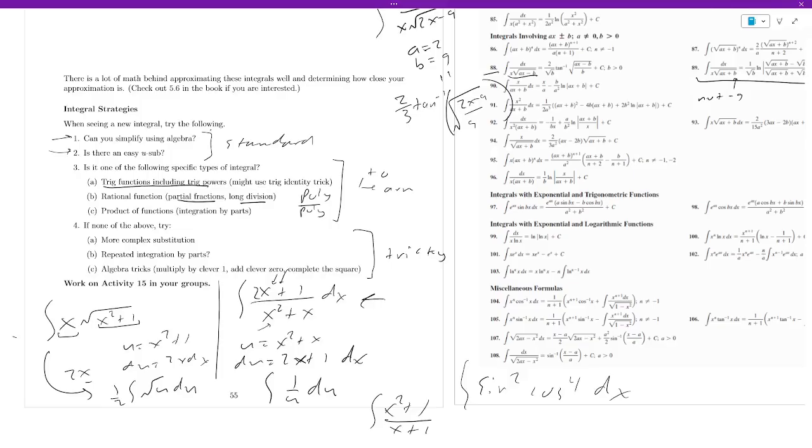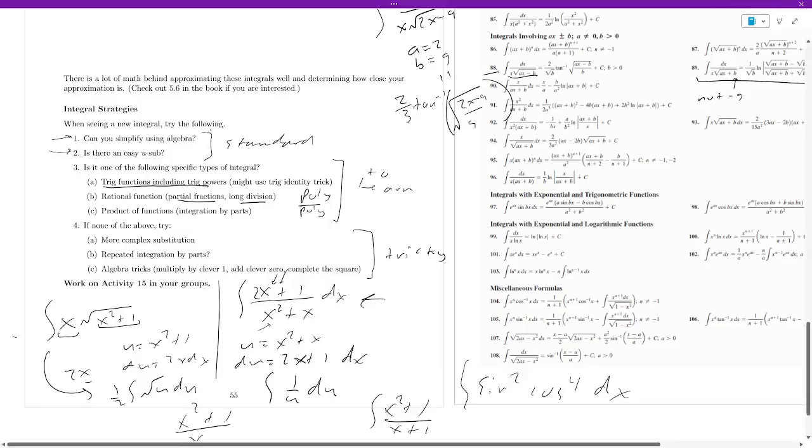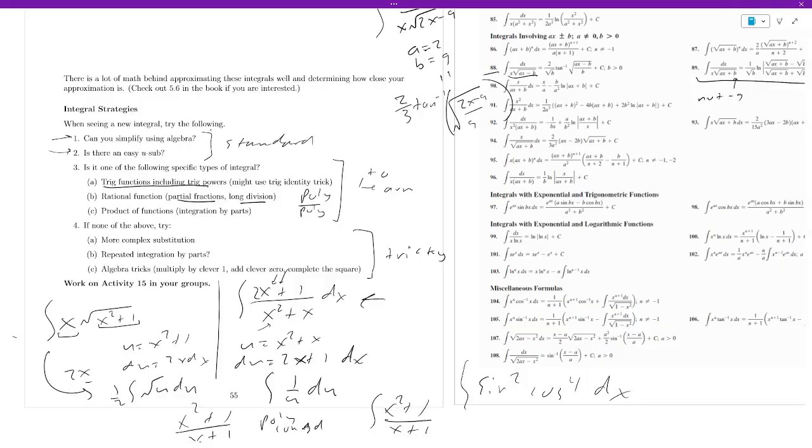Long division is basically a last resort, if partial fractions and u-subs don't work. But if the top is a higher degree than the bottom, then you can try long division. You can always try it, but it's a little bit annoying, so it's good to try the other stuff first.